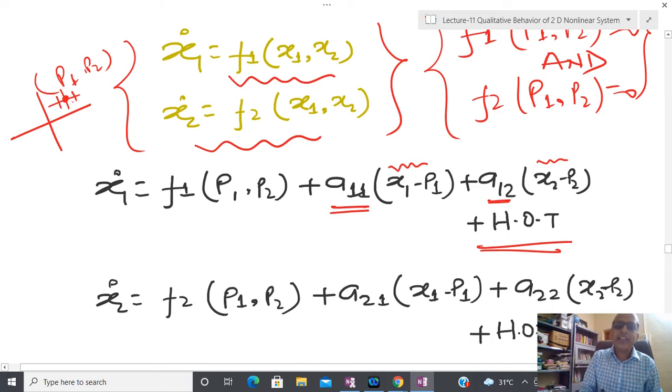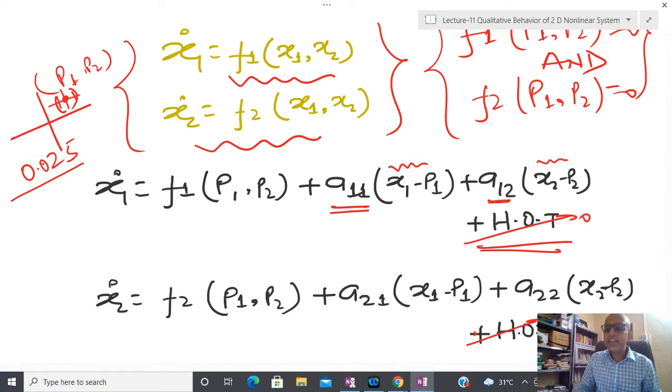Suppose you take that distance as 0.025, and then you square it, you find that this quantity is even smaller. So the higher order term is very small, and for that reason people suggest that if you are very close to the equilibrium point, one can neglect this higher order term.